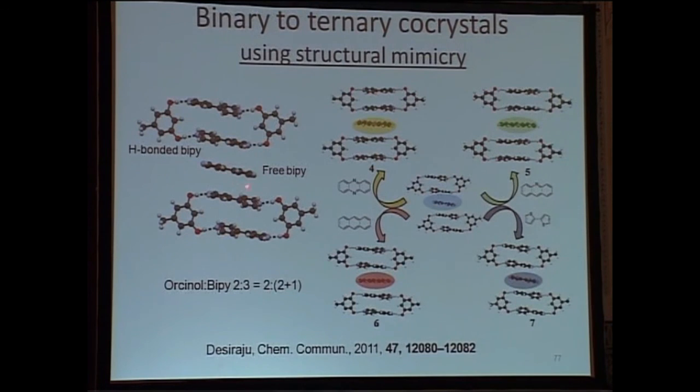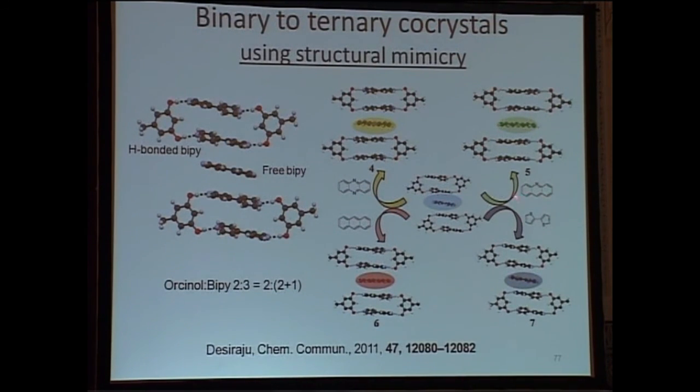And so they replace this free BP with a second component which matches in size and geometry, and a large number of coformers were very freely and smoothly replaced with the free BP to go from a binary co-crystal to a ternary co-crystal, which means one can have, by design, 3 distinct chemical elements integrated into the same crystal lattice.